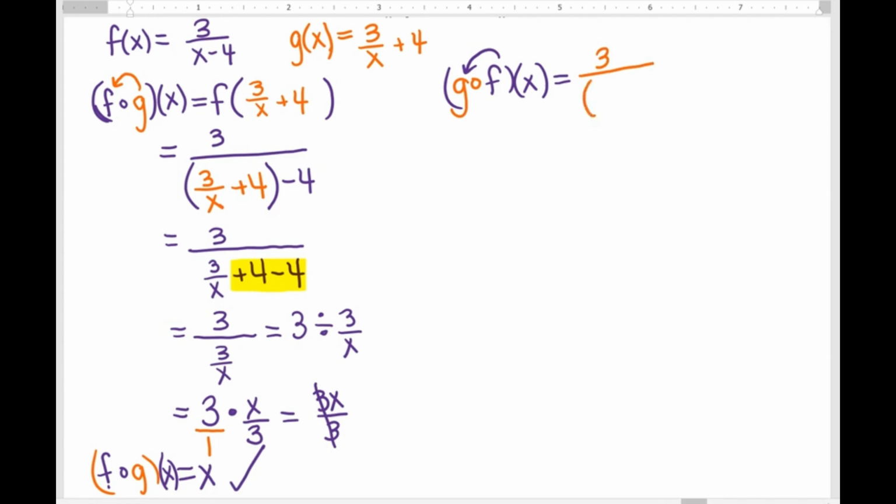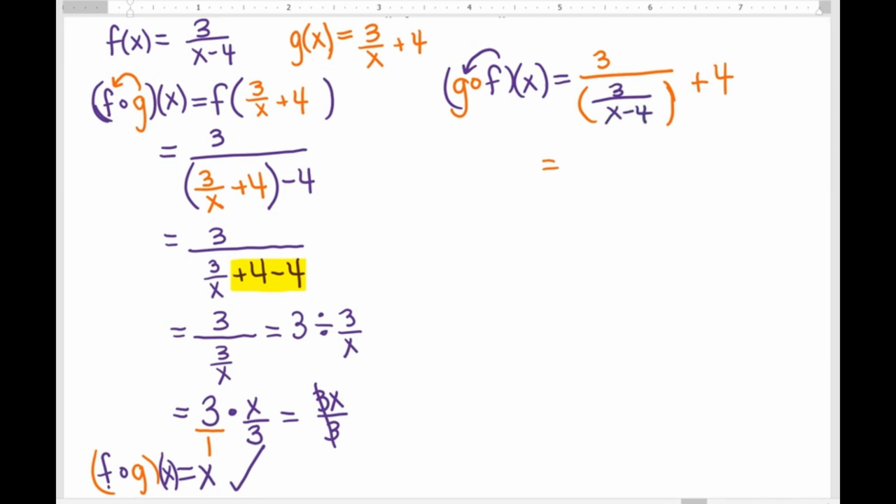We have 3 over x, so I'm going to put a giant parenthesis. And then we have plus 4. But instead of having x in the bottom, we're going to plug in our f function, which is 3 over x minus 4.